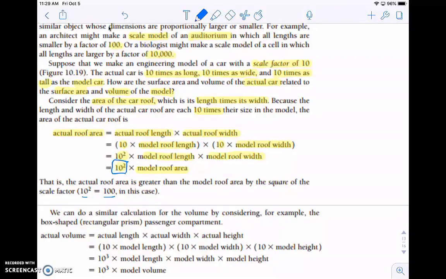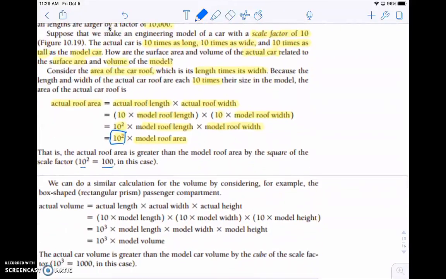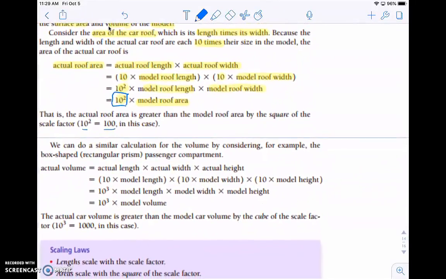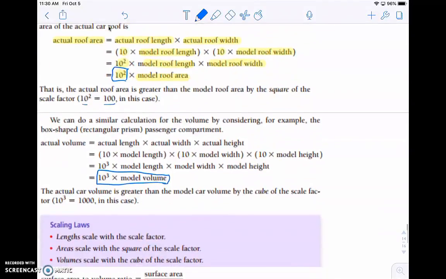So you take the model scale factor, and it's going to be raised to a power of 1, 2, or 3, depending upon how many dimensions we are looking at. Okay, so again, if you're looking at volume, you would take 10 to the third times your model volume if your scale is by a factor of 10.